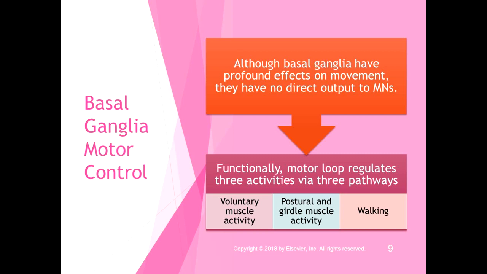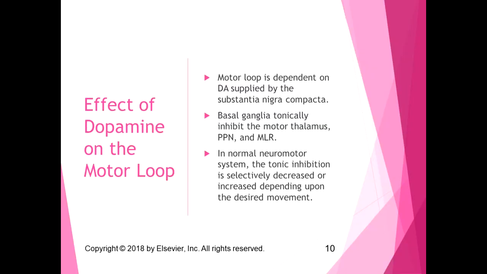So those are the things that are often affected, the motor area that's affected when you have basal ganglia dysfunction. So you have problems with voluntary muscle activity, you have problems with postural girdle, and so posture and stability, and you have problems with walking.